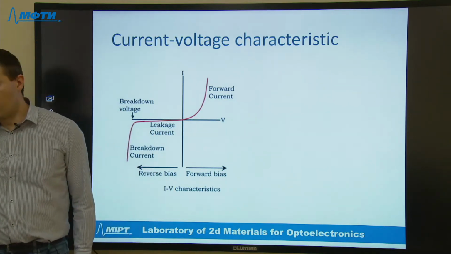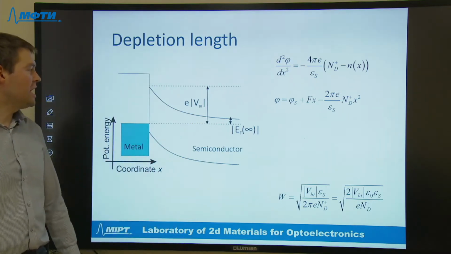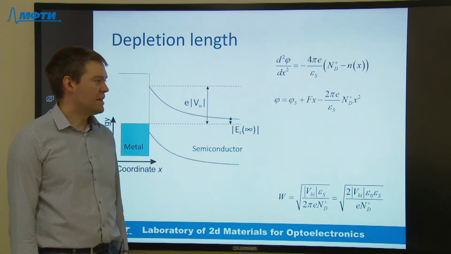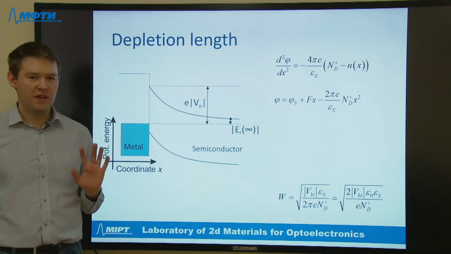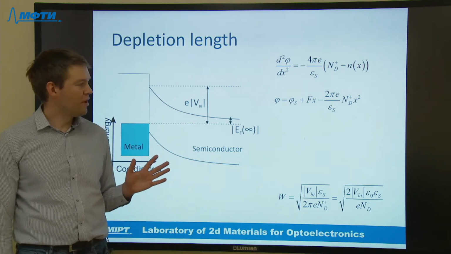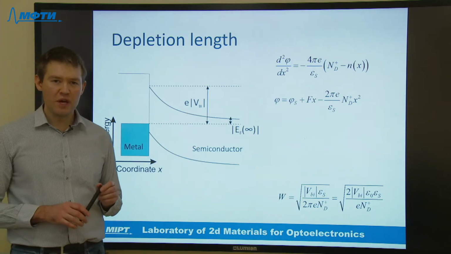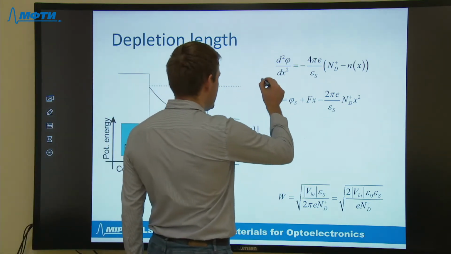What will be important for the further considerations is the shape of electric potential in the semiconductor. This can be found, as we did before, just by solving the Poisson's equation in the so-called full depletion approximation.